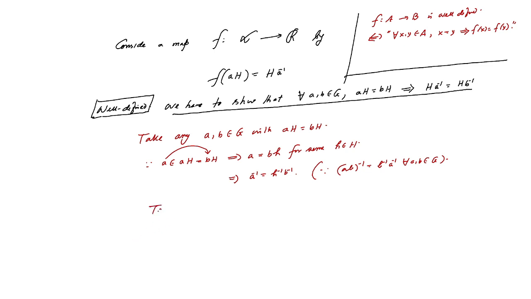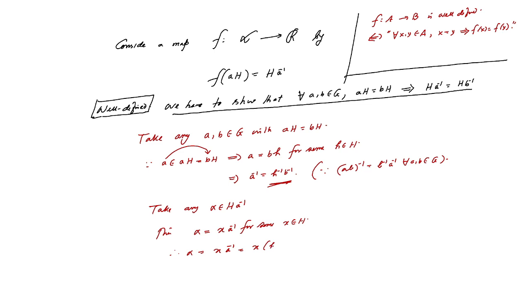Now we'll show Ha inverse equals Hb inverse. So take any, say, alpha belongs to Ha inverse. Then that alpha can be written as xa inverse for some x belongs to H. Therefore, alpha equals xa inverse, and a inverse means h inverse b inverse.